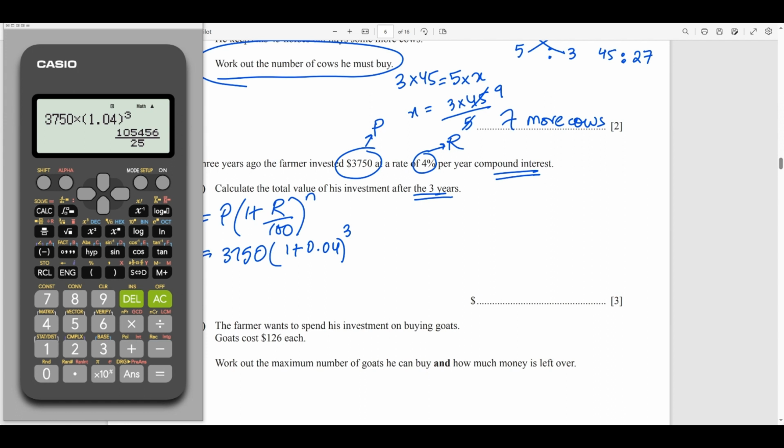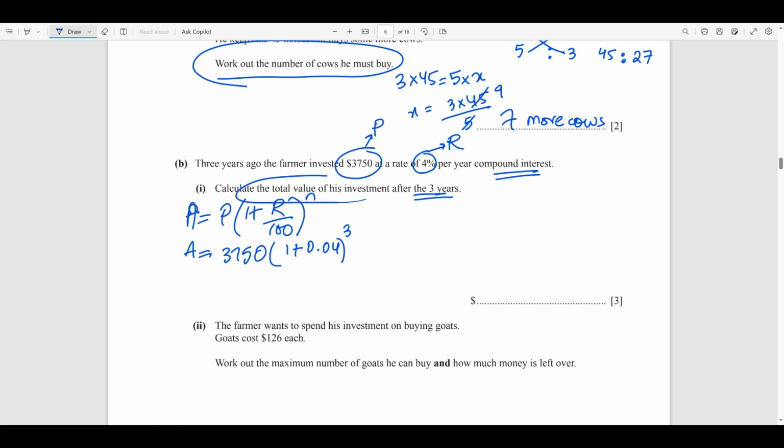So it's going to be, sorry, the amount is 4218, and that's the total value of its investment. So 4218.24, or if you want to round it off to 3 significant figures, you can write it as 4220, right? You can say that.